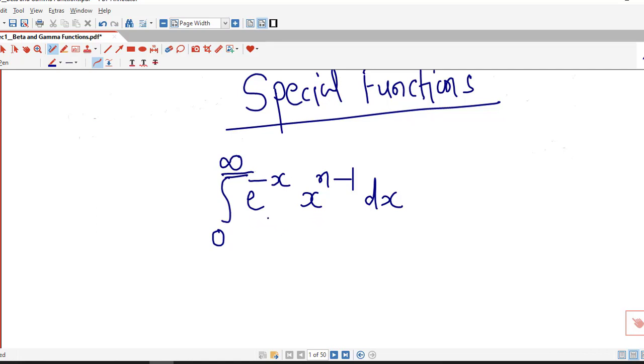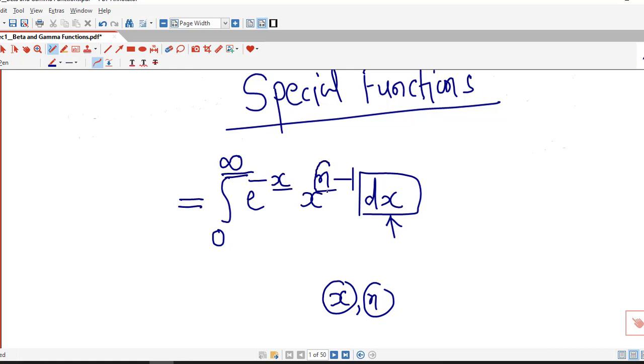Now there are two variables x and n, and we are integrating with respect to x. So after integrating, suppose this improper integral is convergent, then whatever we obtain will depend on this other variable n.